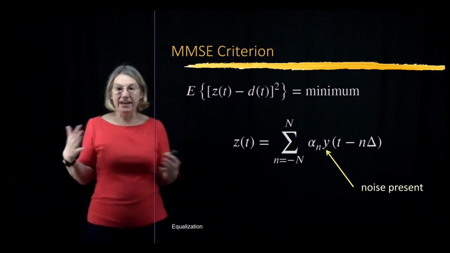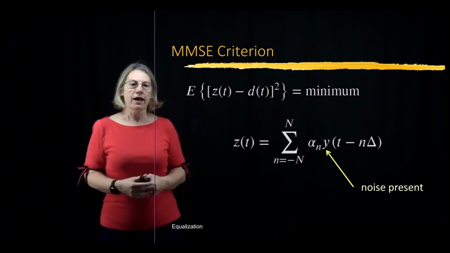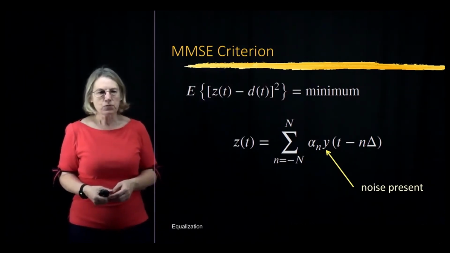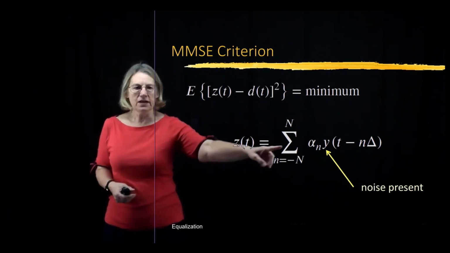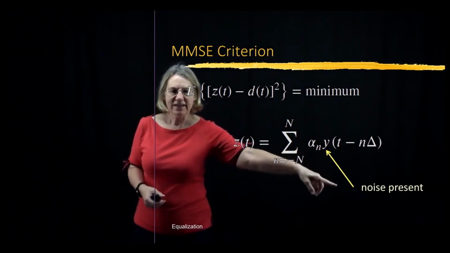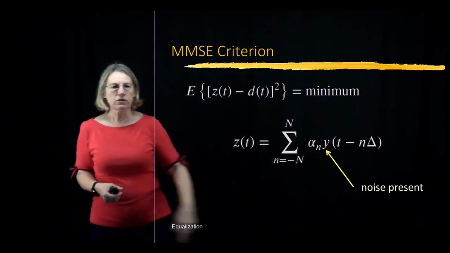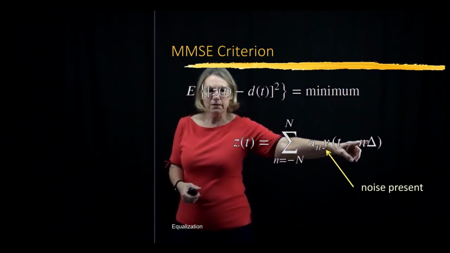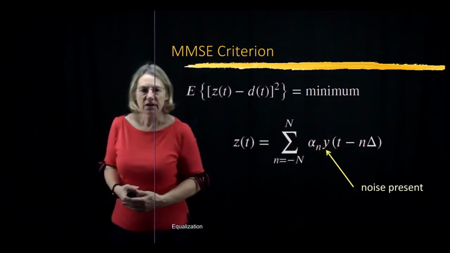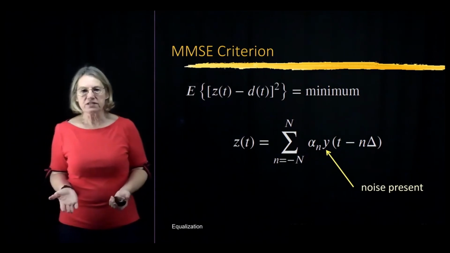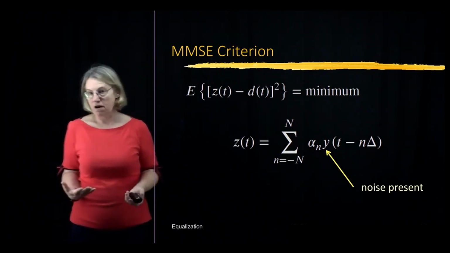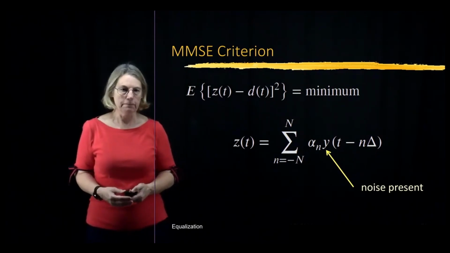So we're going to have a finite length filter. And the filter here is 2N plus 1 taps in this example. And we're looking for the coefficients, of course, on this filter. And remember, it's the Y that has the noise present. Again, we'll just say that there's some spacing between the taps in the equalizer. And in most applications, this delta operator is just the symbol interval. But of course, there are other options available to us also.